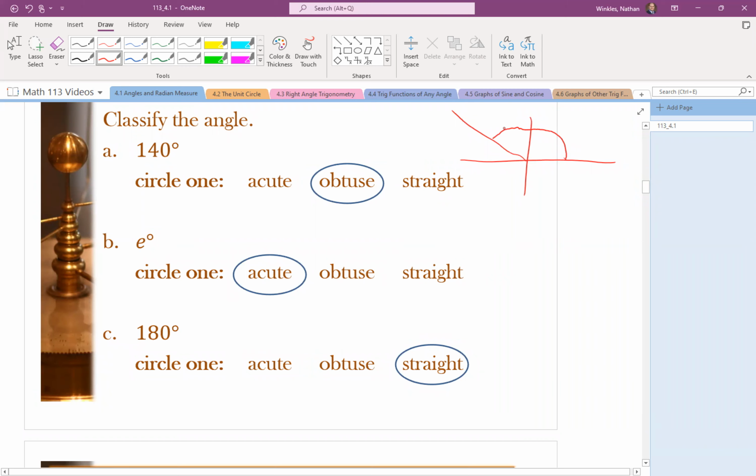We know that it's greater than 90. In other words, it had to land over here to be acute. Obtuse is over here, and straight is on the line. So therefore, 140 degrees, by where it lands, is our obtuse angle.